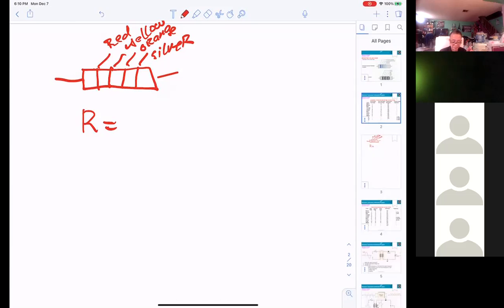So 2.4 kilo ohms, no, 24 kilo ohms, and plus or minus 10%, silver. Oh, I see. Yes. I agree with that. It is 24K. And silver means plus or minus 10% tolerance. Correct. Yes.